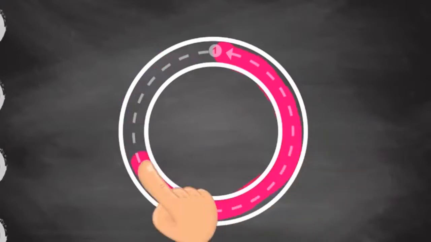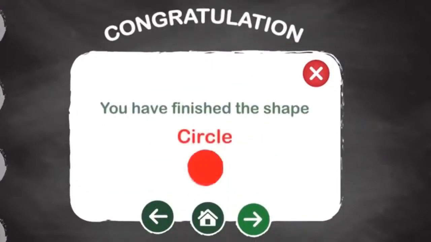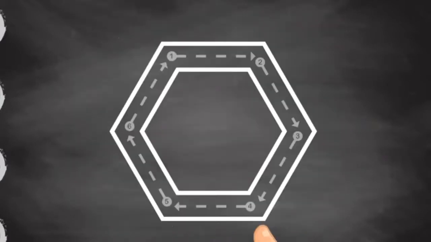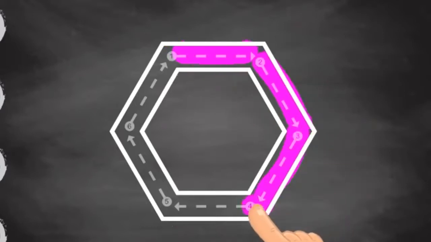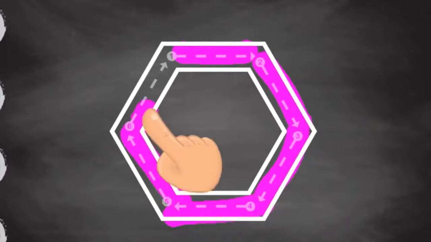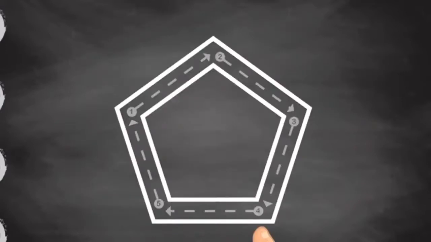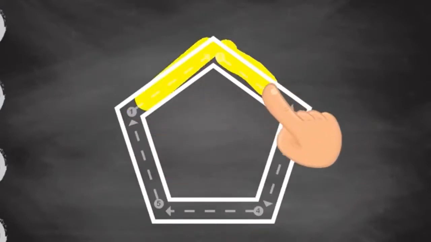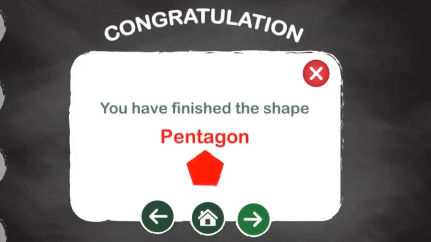Yes. Come on. Alright. That is a circle. That has too many sides. Five, six sides. That's a hexagon. One, two, three, four, five. And that's a pentagon. Five sides.